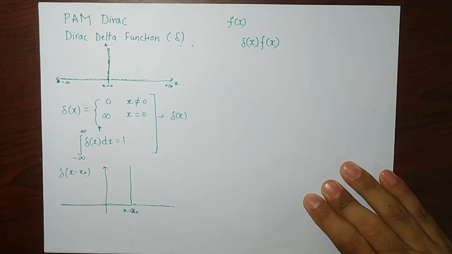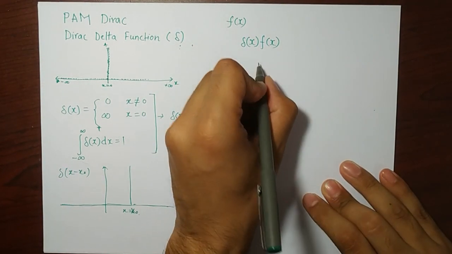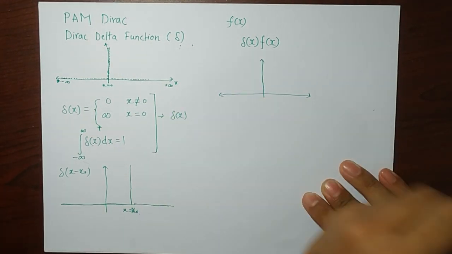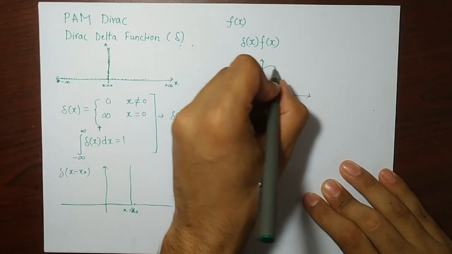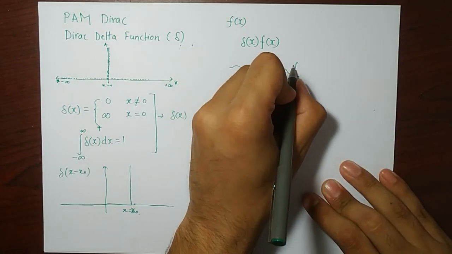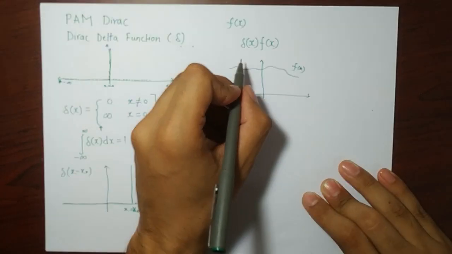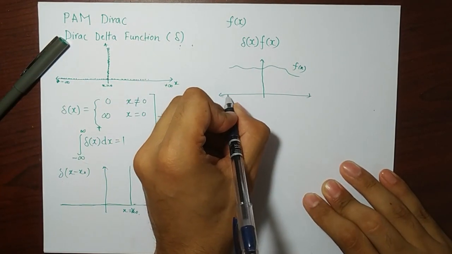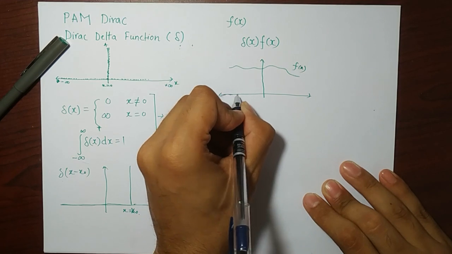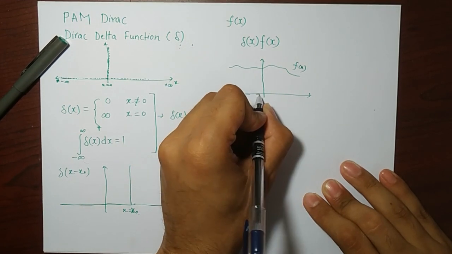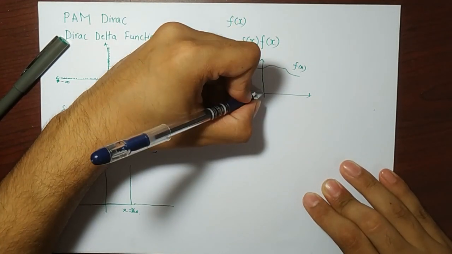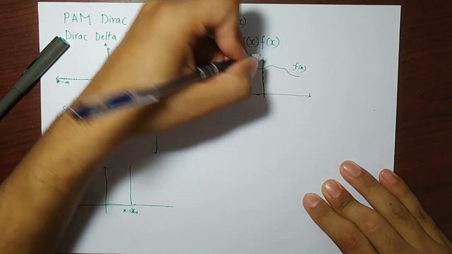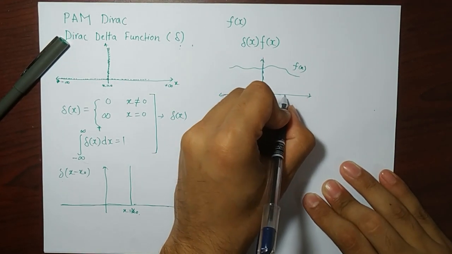So what will happen? What do you think? If you can see graphically, if this function is f of x, and we know that del of x is basically, I'll use another pen, so del of x will go till infinity, and then it will come back to 0.